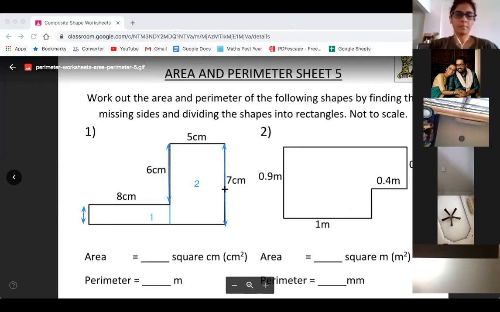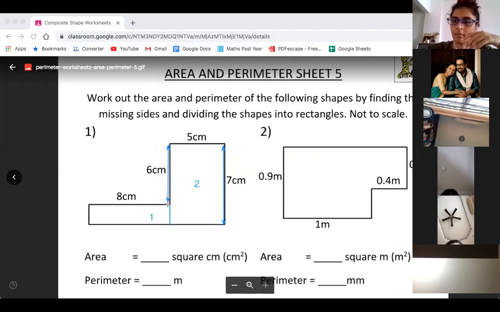Joey, please unmute. Okay, I repeat. This is 7 cm, correct? Yes.